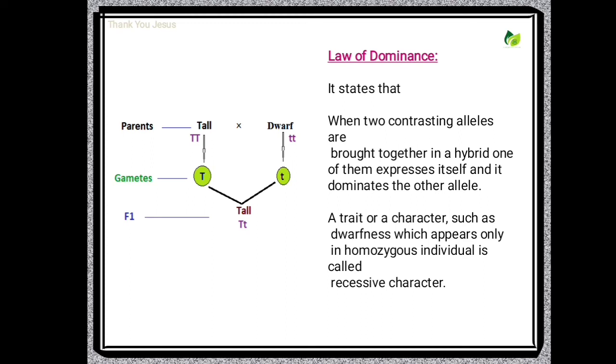We have seen in the F2 generation and also F3 generation, only the dwarfness or recessive character reappeared in the F2 progeny. Such a character is called recessive character.